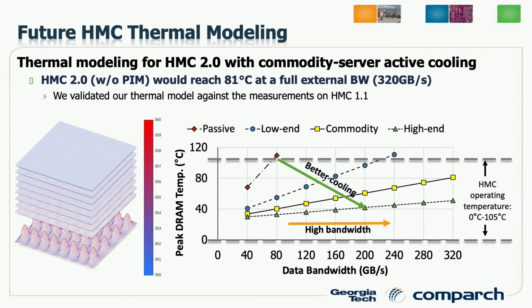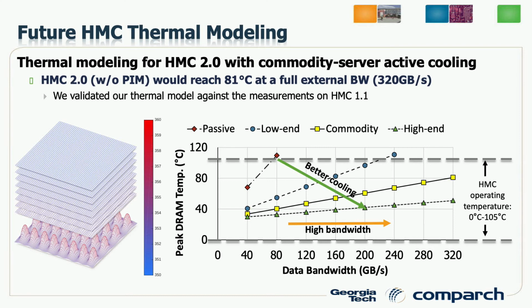So if we offload more and more computations into this HMC, then we start to increase the temperatures. Depending on whether we use a very passive cooling, just this heatsink, or a really powerful cooling air, the temperature increases vary. If you use really high-end server-grade cooling, then even if you offload 300 gigabytes per second, it doesn't exceed the temperature.